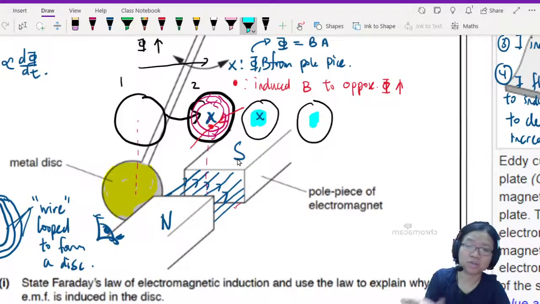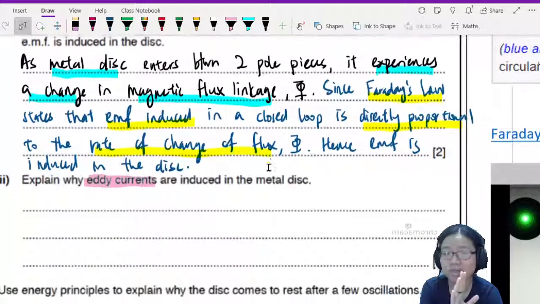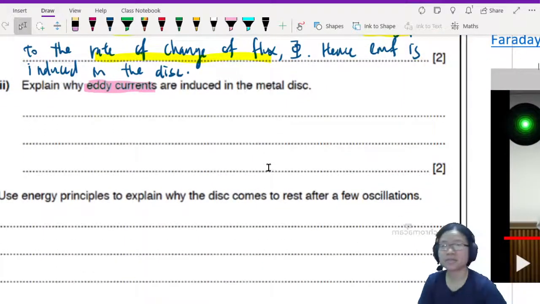Of course, if you do some further maths, you will understand that here we need to actually apply a lot of calculus. But we're just trying to explain the concept, okay? So why is eddy current induced in the disc? We need to talk about the shape of the metal disc.